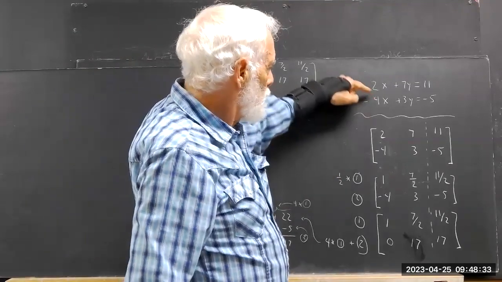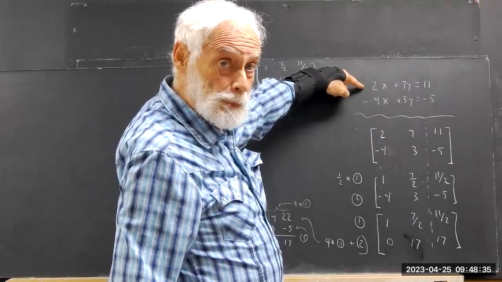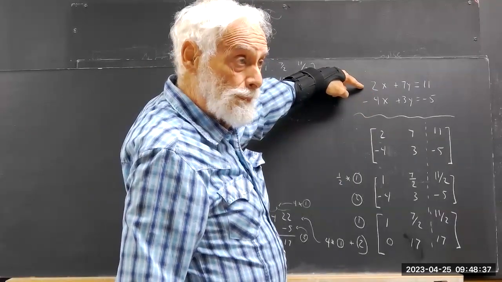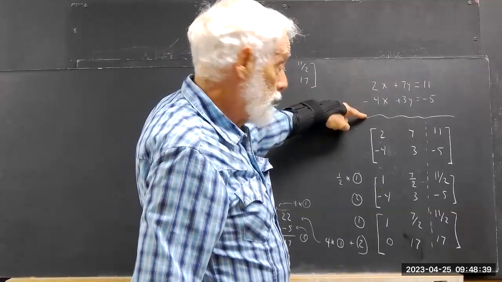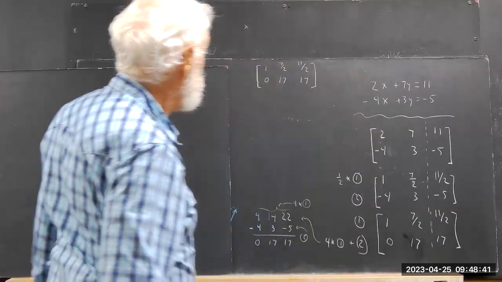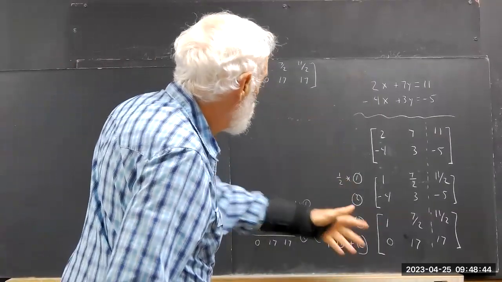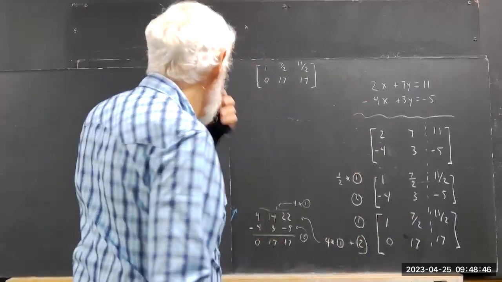Now that's exactly what we would get if we took half of this first equation and then multiplied it by 4 and added it to this. So we're still equivalent to our original system.